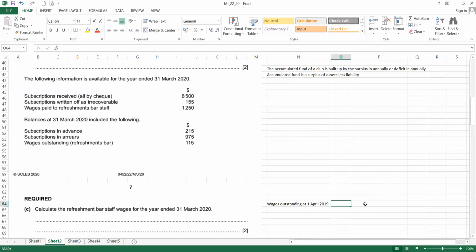Okay, so put 140. Just list out the information first. And during the year, wages paid, which is 1250.